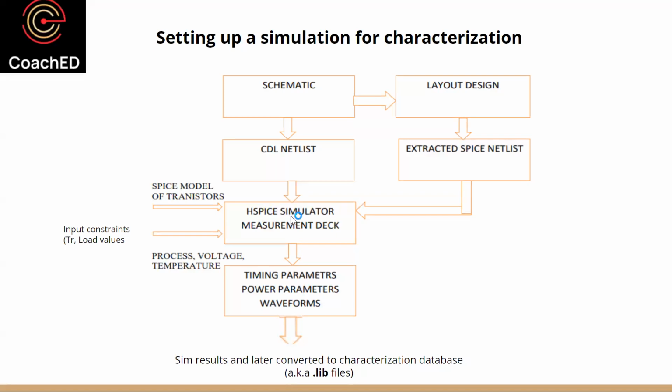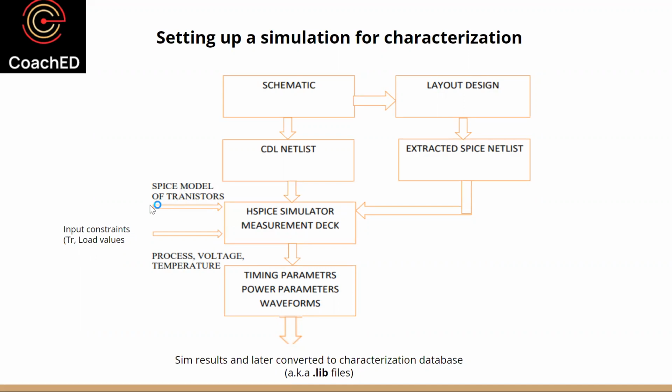So you pass the netlist, extracted or schematic, to the simulator, and you write something called a measurement deck. A measurement deck means, what am I doing to measure? I'm going to measure some input to output arc propagation delay, or I can measure the output transition time for that specific arc, or I could measure power, or something else.